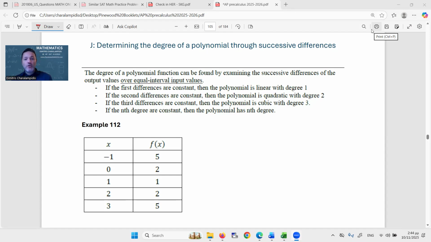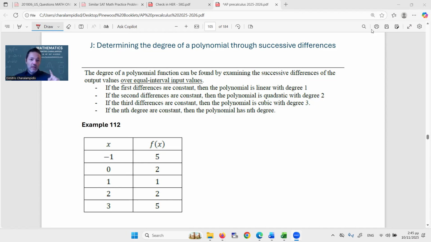The degree of a polynomial function can be found by examining the successive differences of the output values over equal interval input values. This is too important. The interval input values should be of the same length. That means, like in my own example, from -1 to 0, that's a difference of 1.